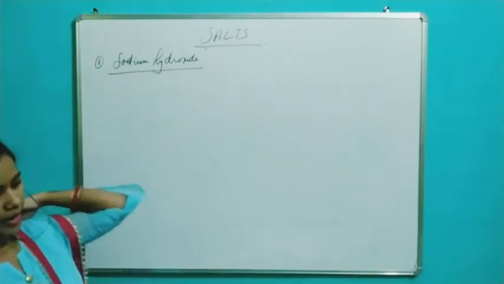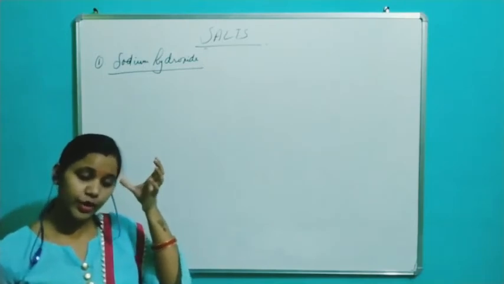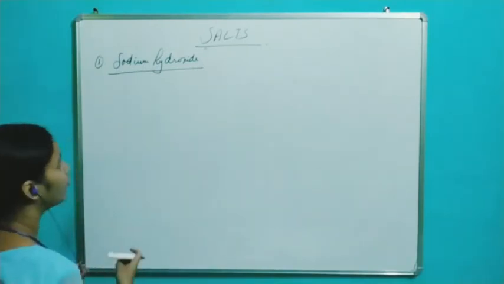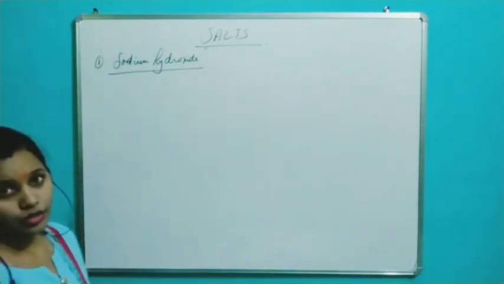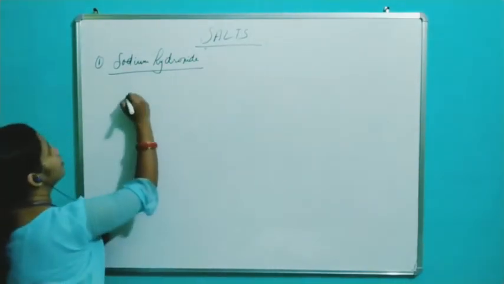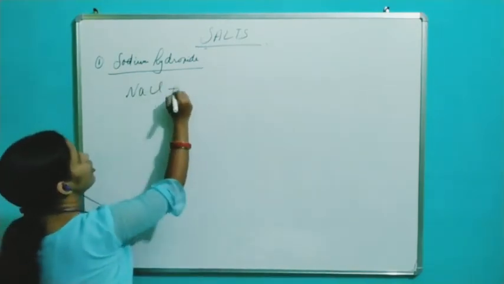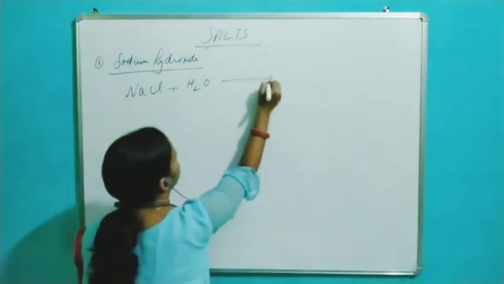Now how is sodium hydroxide formed? Sodium hydroxide is produced by the electrolysis of a concentrated aqueous solution of NaCl. Concentrated solution of NaCl.